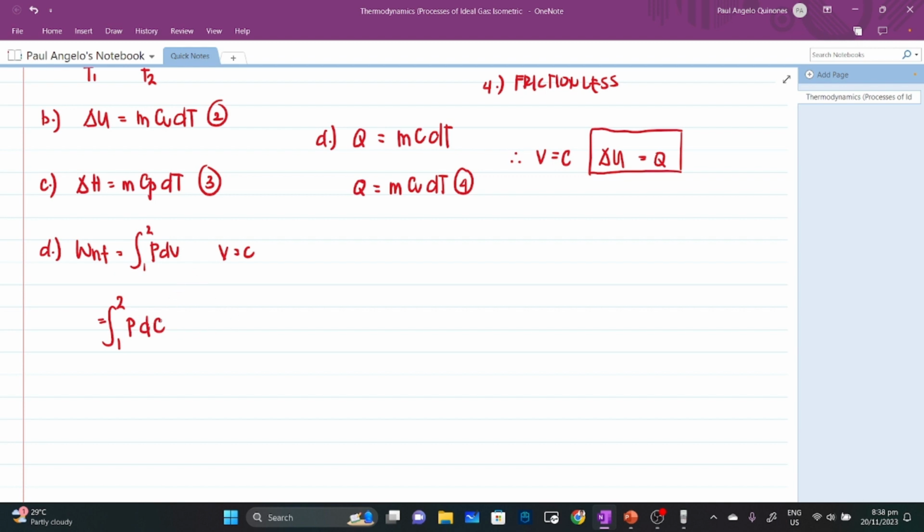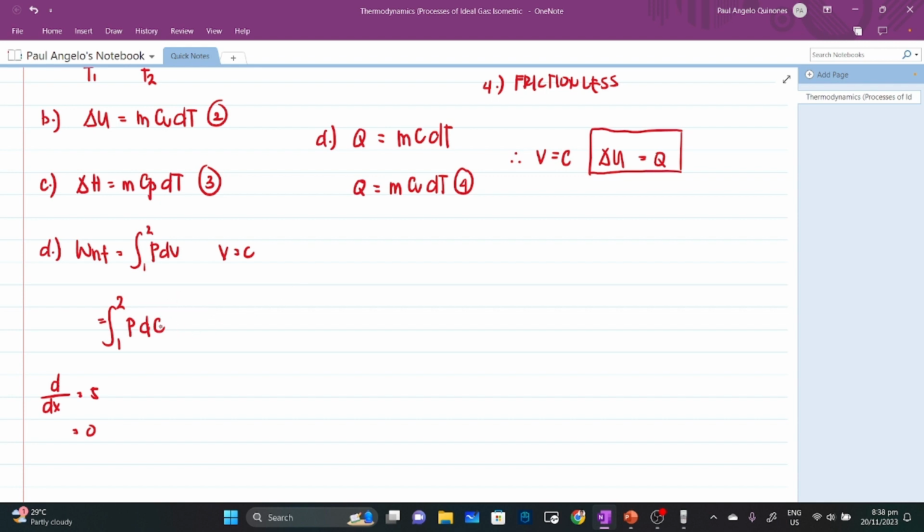In differential calculus, if we are asked to locate the derivative of a constant, let's say 5, we know that the derivative of 5 is equal to 0. Anything that is constant, the derivative of it is 0. Because in derivatives, we are measuring the rate of change. If it is constant, there is nothing changing in the system or in the substance.